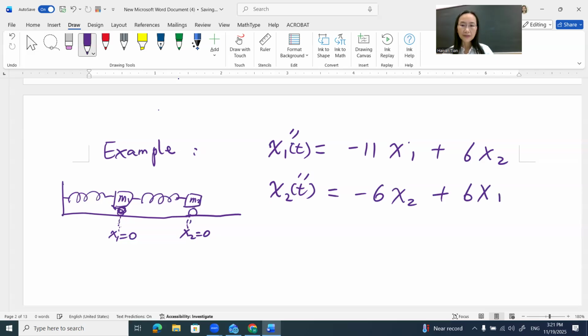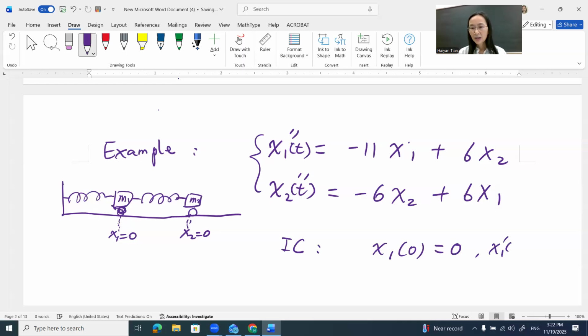So here, suppose we have a system derived from this two-body problem. It's a second-order system of two equations. Let's suppose the initial condition: the first object, initially, that means when time is 0, is at equilibrium, and it has an initial velocity 0.